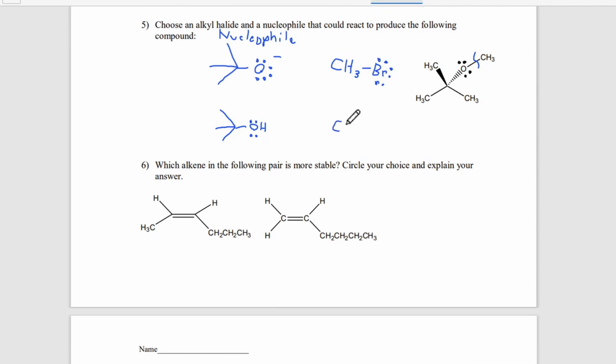Of course, in this case, it would also be CH3Br or CH3I or some other really good leaving group. Now, which of these two scenarios would be more likely? The tert-butoxide and the methyl bromide, or the tert-butanol and the methyl bromide?